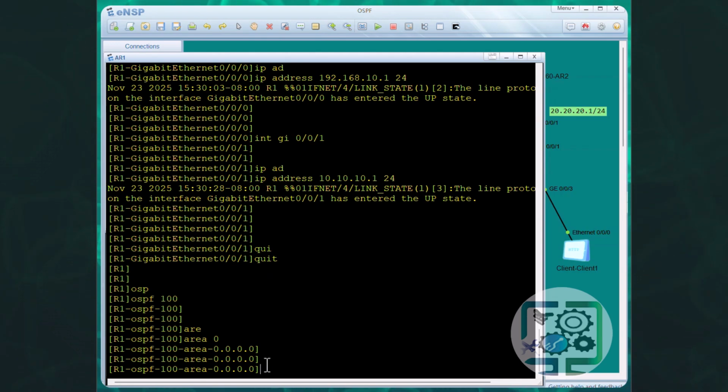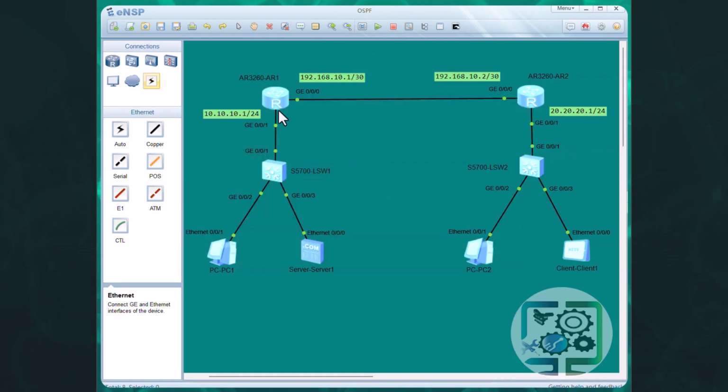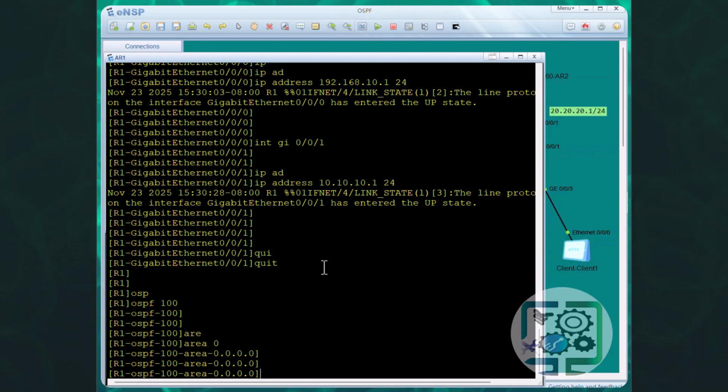We will advertise networks on this router. On router 1 we have two networks, 10.10.10.1 and 192.168.10.1/30. We will advertise these networks so the other router can learn them and communication will be established.